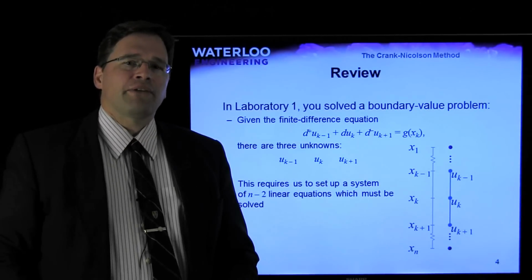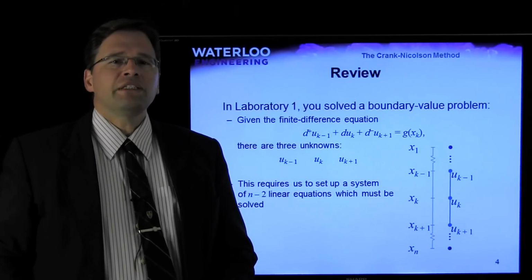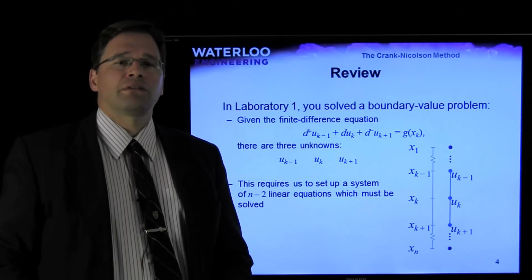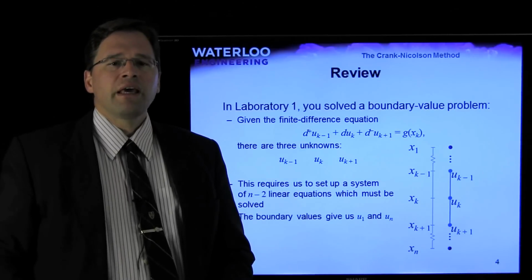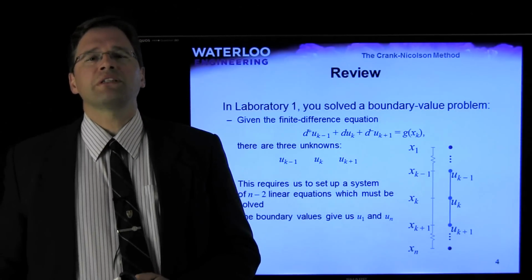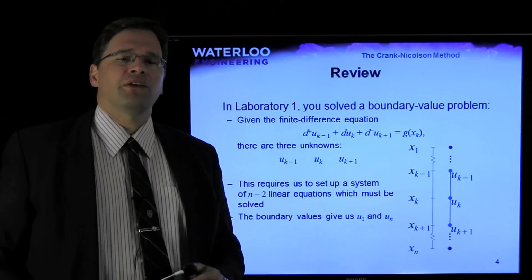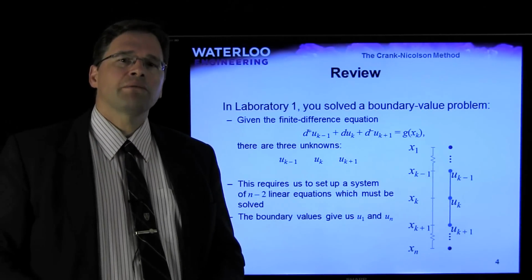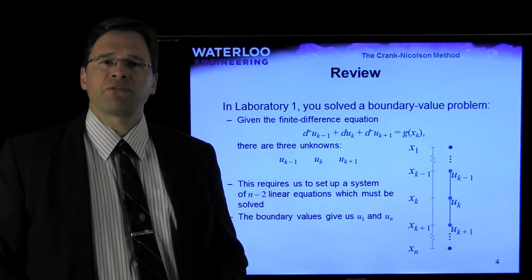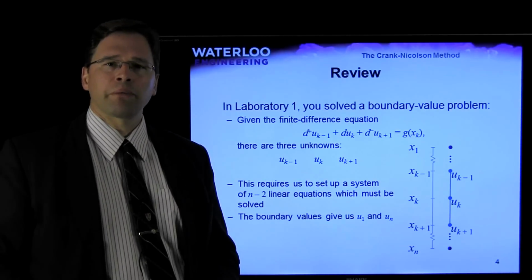Now, we had to write down this equation for each of the interior points. So this gave us n-2 linear equations that had to be solved. In fact, there's n unknowns, but the boundary conditions gave us u sub 1 and u sub n. So this gave us a system of linear equations which we solved, which approximated the actual solution to the boundary value problem.